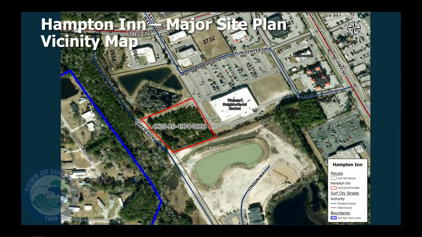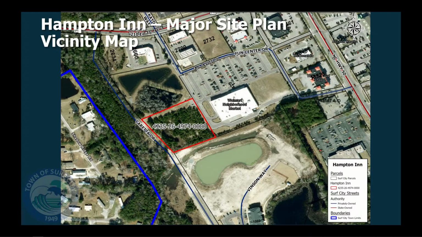Notice before you on the screen, the vicinity map showing the location. This is on an existing out parcel, not your typical out parcel out by the road, but an identified out parcel in the Promenade Shopping Center, immediately adjacent to the Walmart Neighborhood Market. It is north of the almost completed Bishop's Creek Phase 2 apartments.